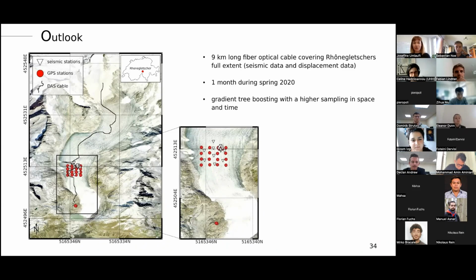Maybe you have heard about that data set because it's quite unique. That project was led by Fabian Walter and Andreas Fichtner and their groups, and they equipped the entire Rhone Glacier in Switzerland with a dust cable. There were also some seismic stations and GPS stations.